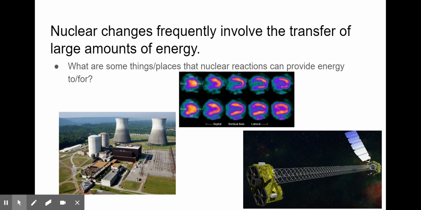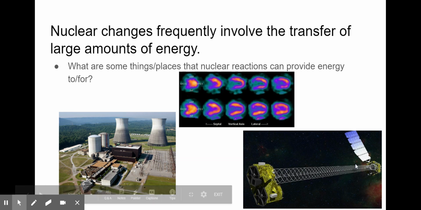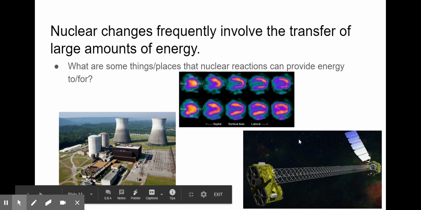And that allows us to see how much of the heart is maybe not working or not bringing in oxygen, okay? Bottom right-hand corner here, we can see that we have nuclear reactions or nuclear radiation as something that's important for things in outer space, okay?